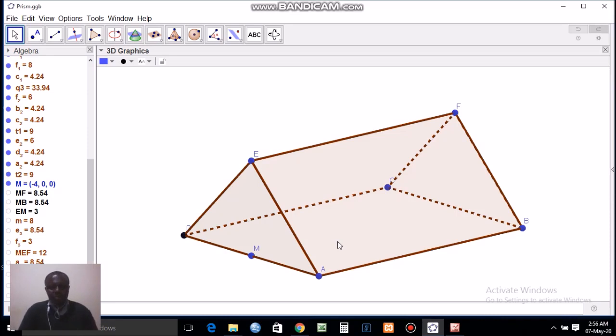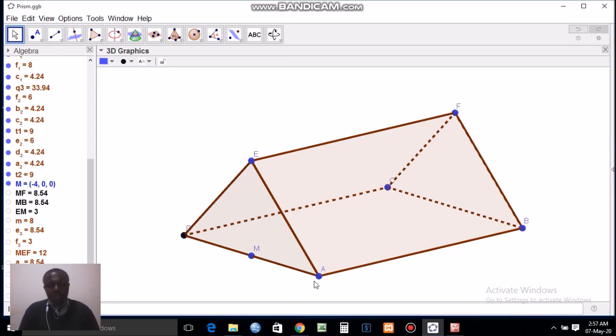Now, for now, I would like you to draw this prism. Once again, the dimensions are that AB is 8 centimeters. The length of the prism is 8 centimeters, and the width of the base DA is 6 centimeters. Now DE is 4.24 centimeters, and that DE equals EA, so that DEA is an isosceles triangle.